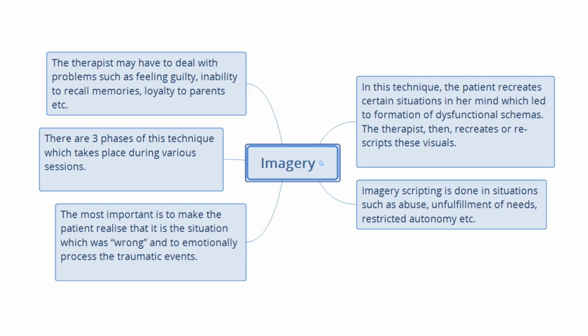If the patient feels scared, then the therapist may take her to a safe place or to the place of a caring relative. Once the patient has been taken to a safe place, the therapist stops the imagery and discusses the meaning of the schemas.